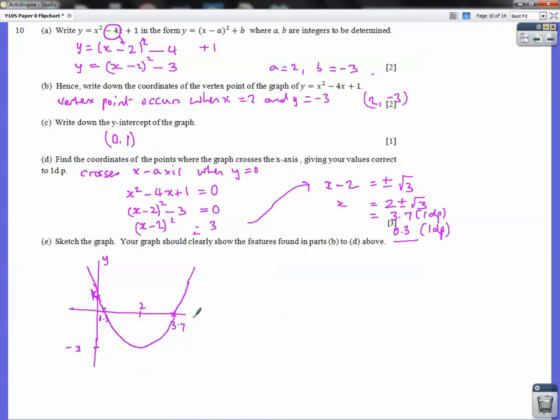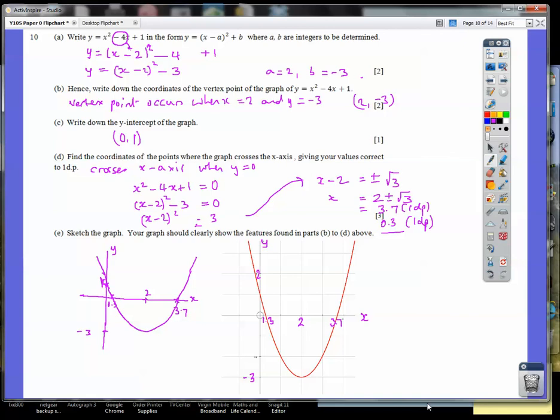Now this is quite a scruffy effort, so having done my rough sketch, I would draw a neater version. You should end up with something a little bit like what I drew earlier.